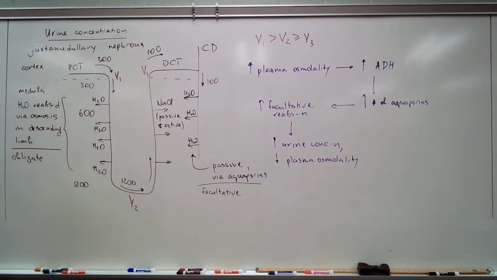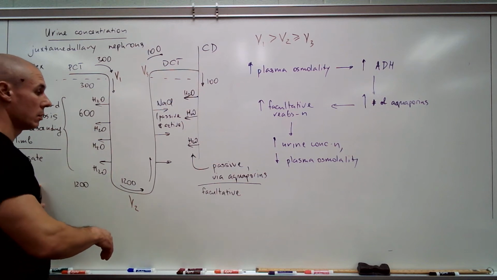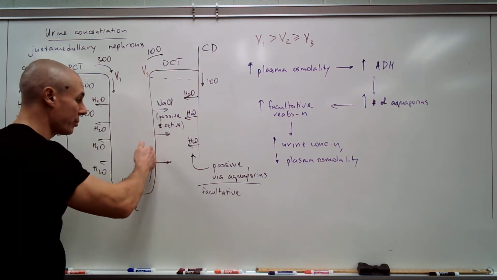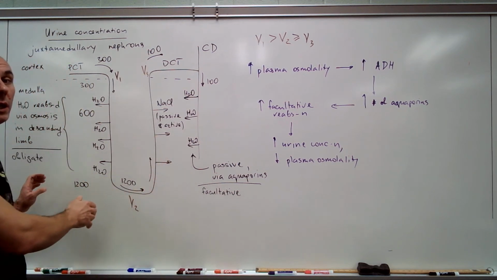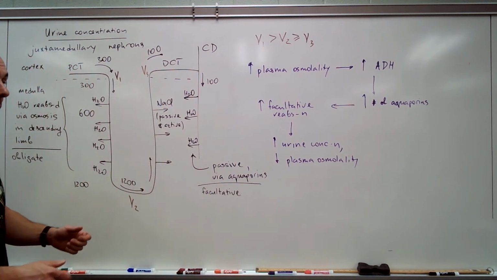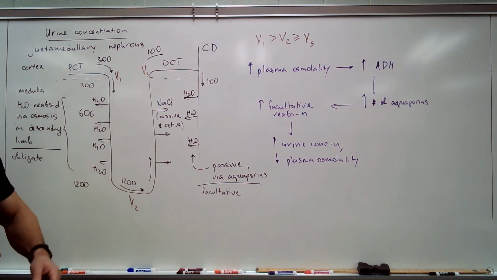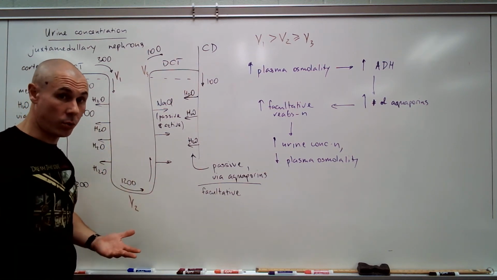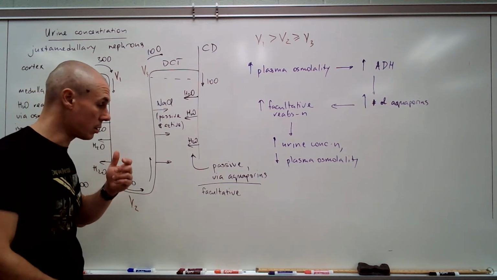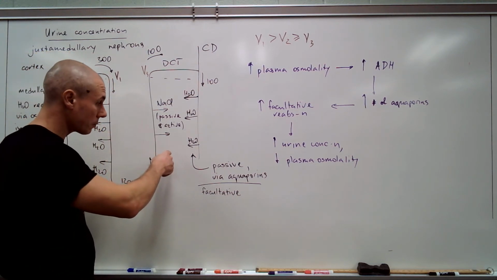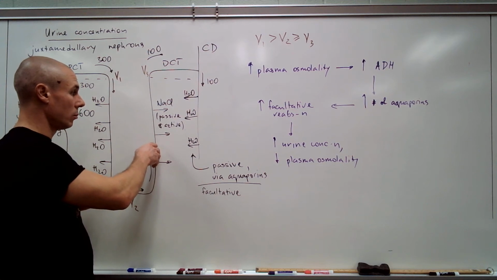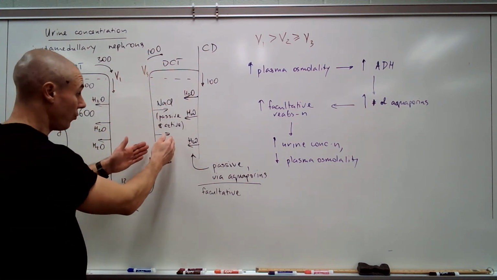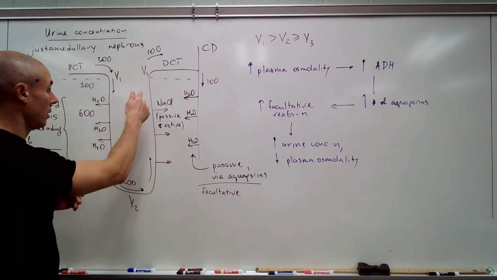So what essentially happens when there's urea reabsorption here. Urea is being actively pumped into the filtrate from the blood because it's a product of protein degradation. But then urea will move from the filtrate into the medulla following that difference in concentrations.